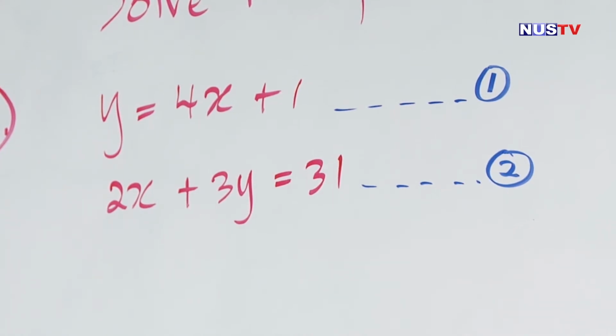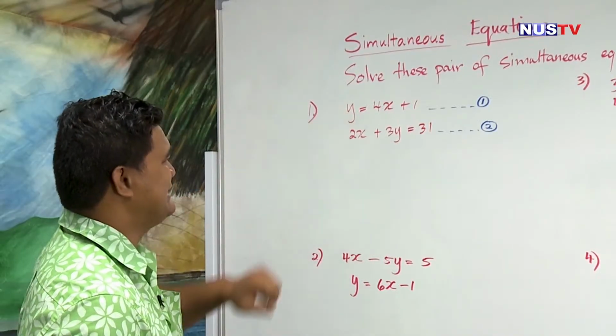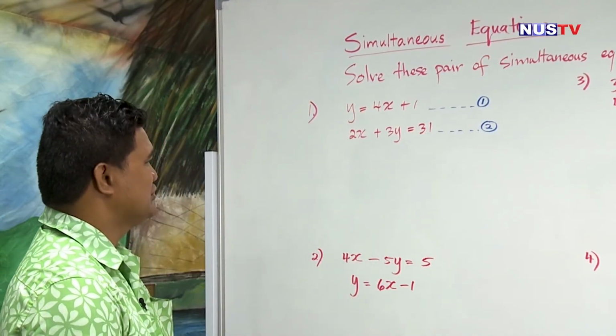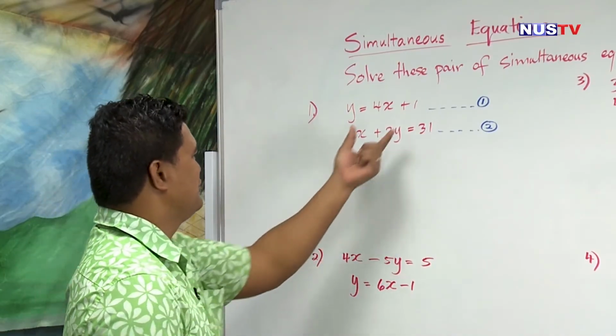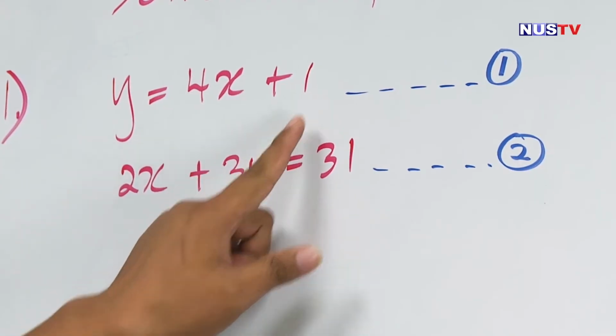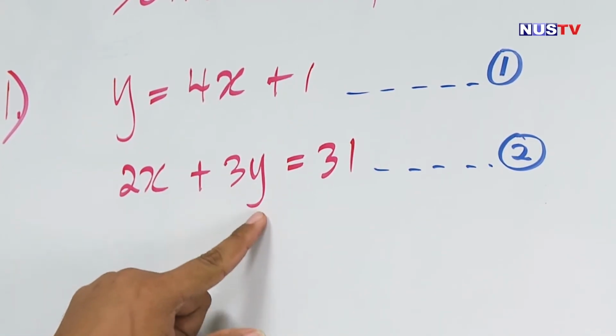So when we have a close look at our equation there, so there are two of those one, and one of them, y is the subject. So we are already given the value of y. So because we are using the substitution method, we are going to bring the value of y here, which is 4x plus 1, and substitute or replace the value of y here.